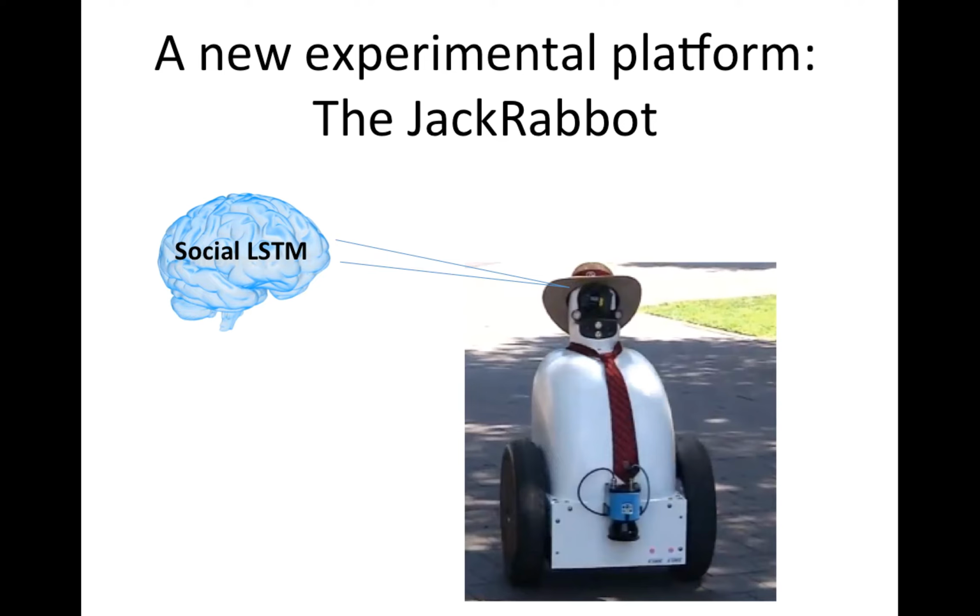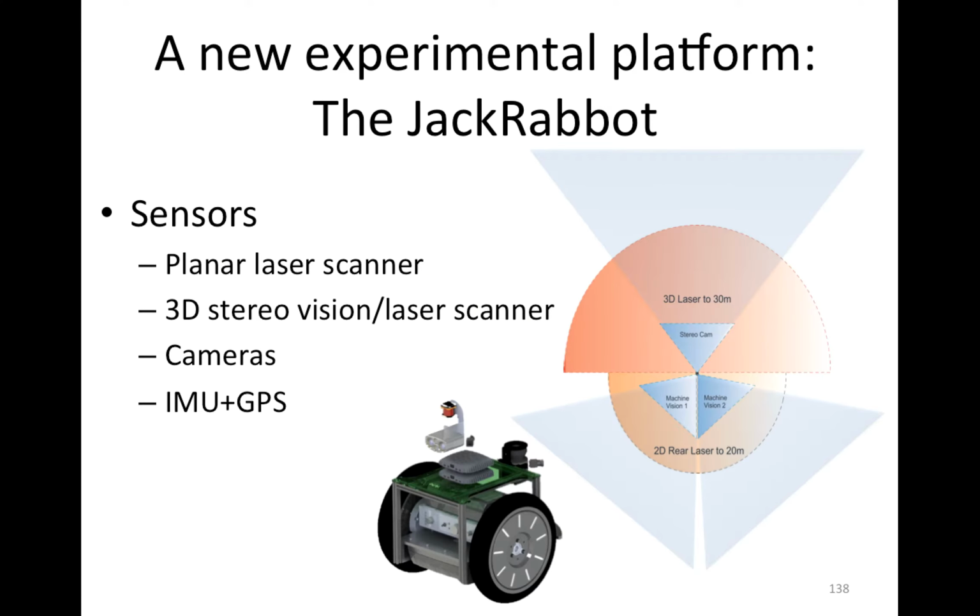Social LSTM and our methods for discovering patterns of social interactions are a key component of the brain of the new experimental robotics platform, which we have been developing in my lab and which we have called JackRobot. JackRobot is mounted on a Segway and it is filled with sensors such as lidars, cameras, thermal.